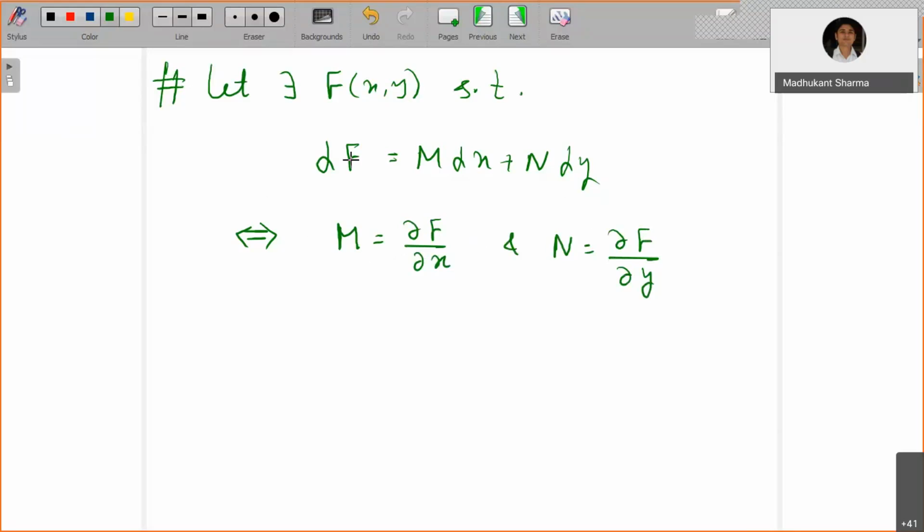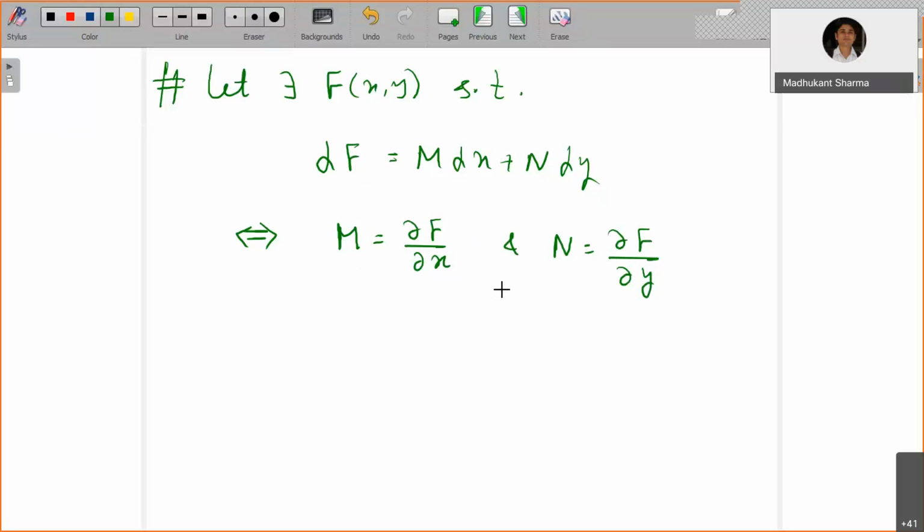If this is not a total differential, and you start with this equation, you will get some absurd things, or you will not be able to solve the problem.